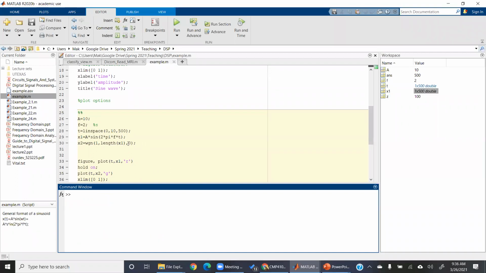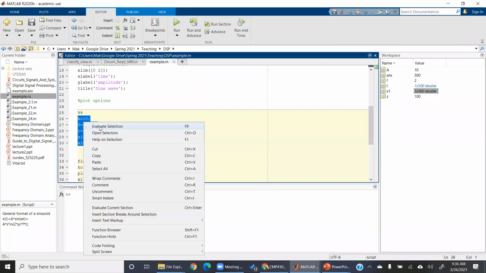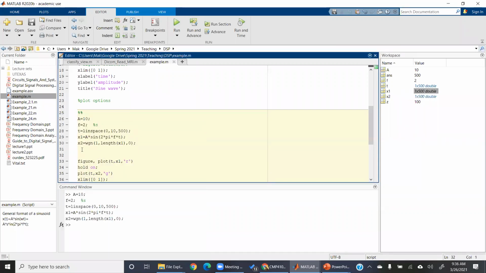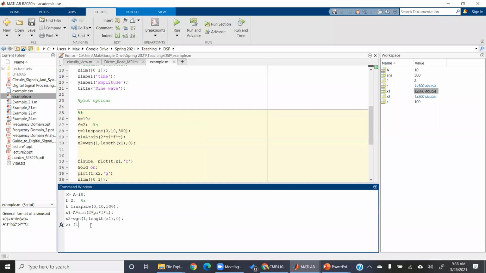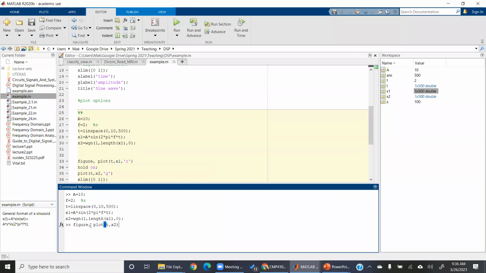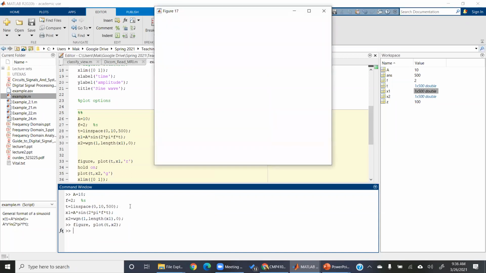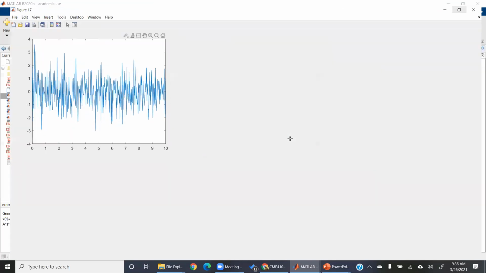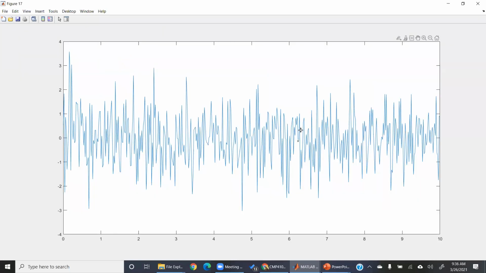Okay, so let me run this again. And out of curiosity, I'm going to do figure, plot T, X2. All right. So that does look like noise, right?